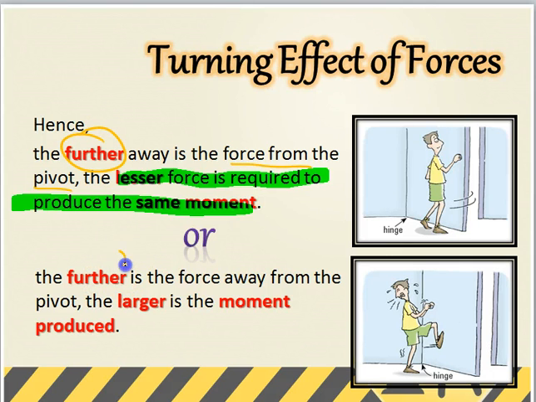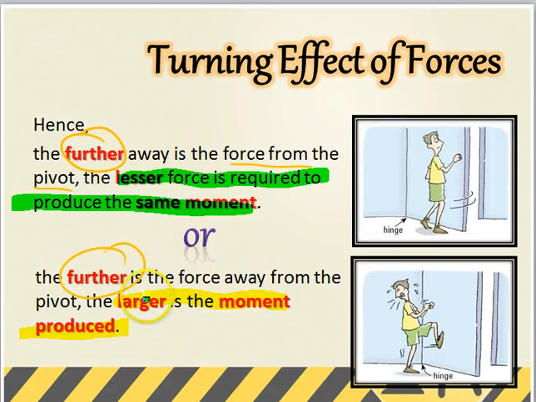Another way we can put it is, the further away the force is from the pivot, the larger the moment produced. So we can produce a very large moment if the force is very far away from the pivot, or we can say that to produce the same amount of moment, less force is required.